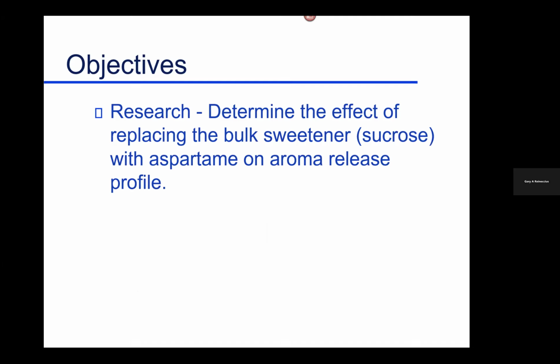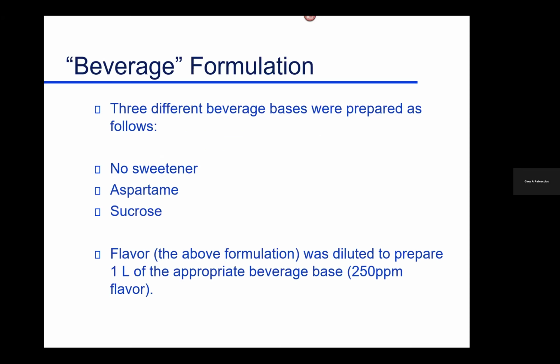This is another one where we were looking at replacing sucrose with aspartame. And so going from a bulk sweetener into a high potency sweetener. So how does the flavor differ when you use sugar or use a high potency sweetener like aspartame, saccharin, and so on? And 3 different beverages were prepared.